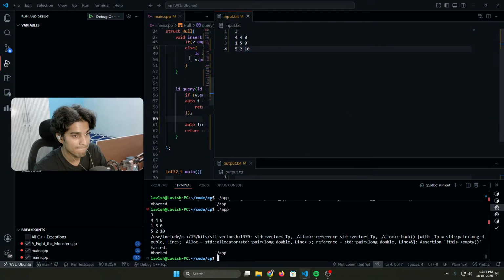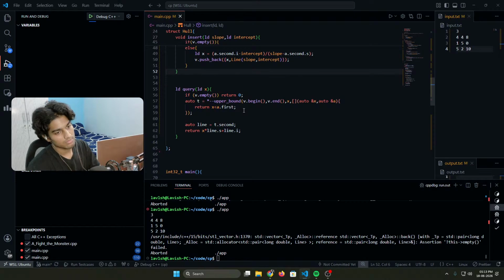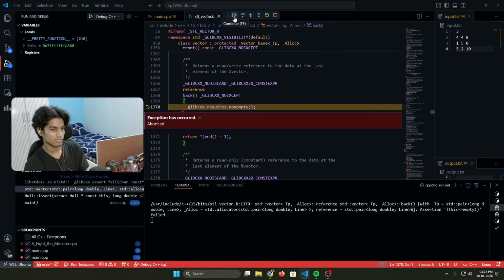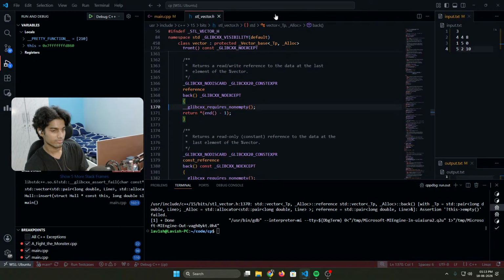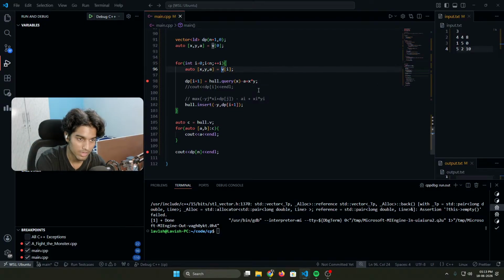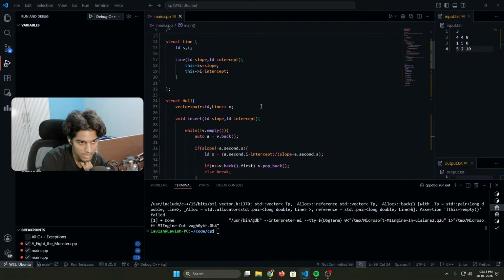Okay, again. DP of i plus 1 is fine. This is also fine. The issue must be somewhere.